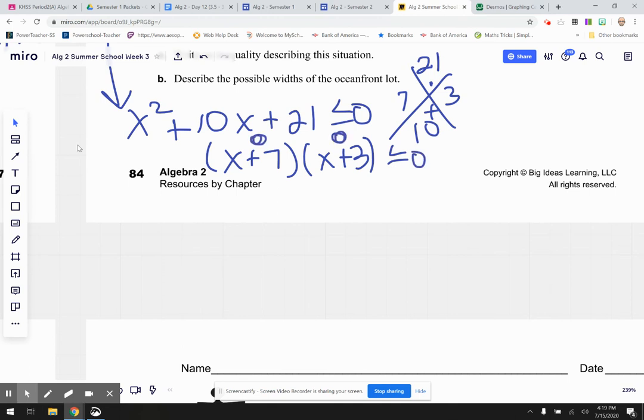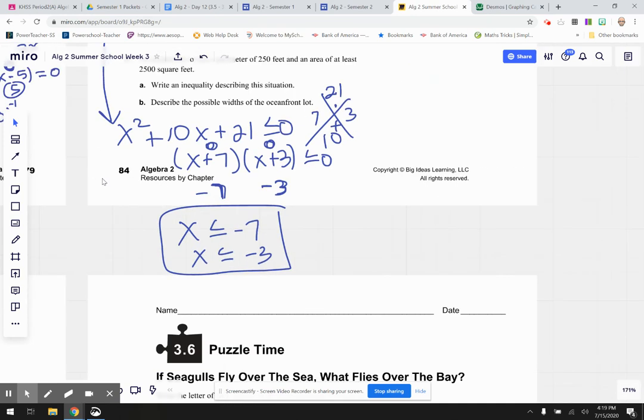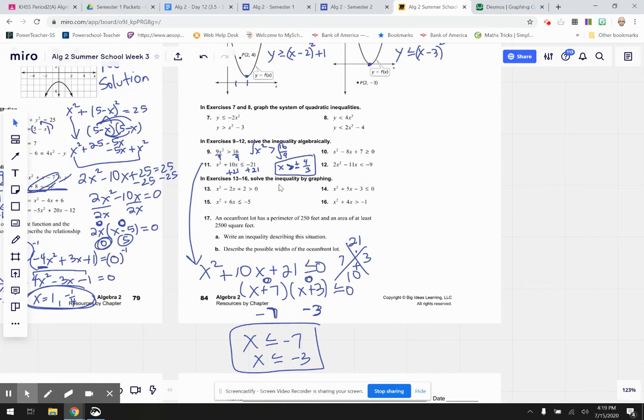It would be negative 7, and it would be negative 3. So x is less than or equal to negative 7, x less than or equal to negative 3. Okay, so that's how you would do 9, 10, 11, and 12.